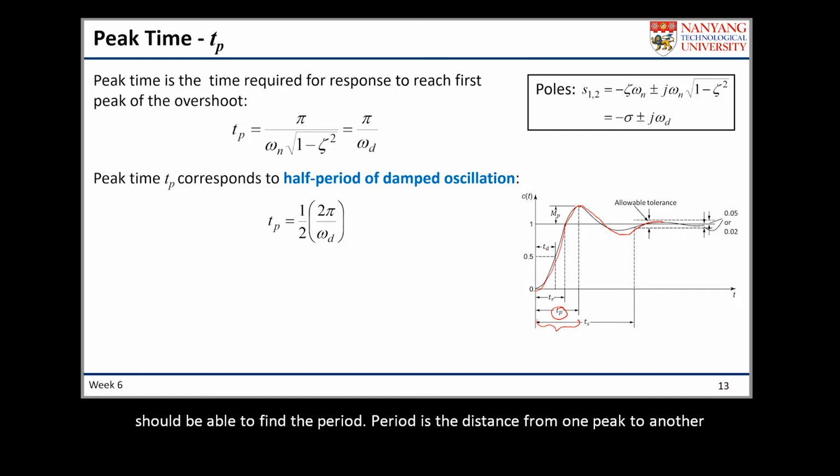Period is the distance from one peak to another peak, or from one valley to another valley. So if you look at this, the distance from 0, which is the lowest point in your sine function here, to the first peak here, basically this is half the period of the oscillation, right? So your peak time is also half the period of the oscillation of your response.